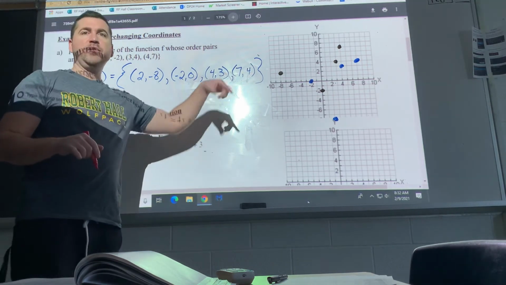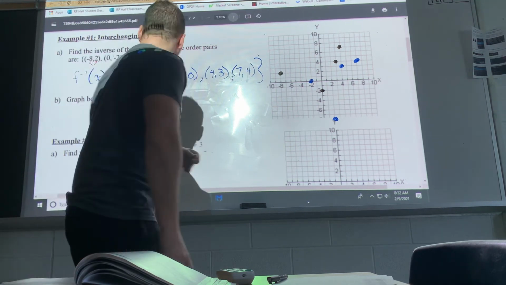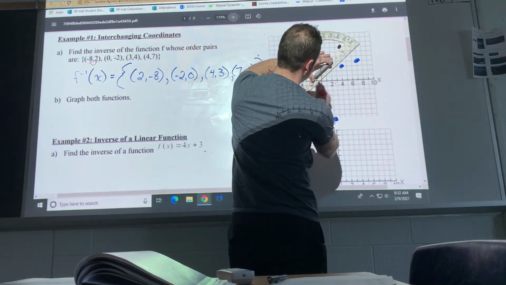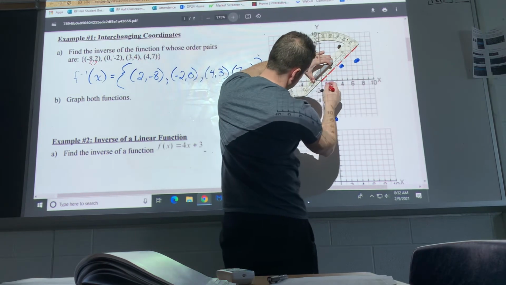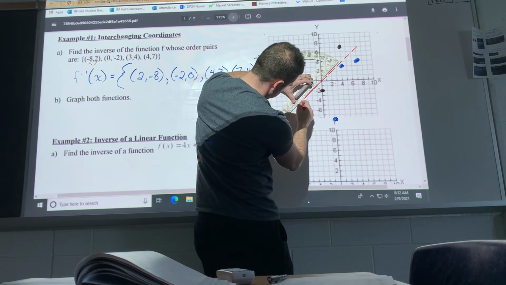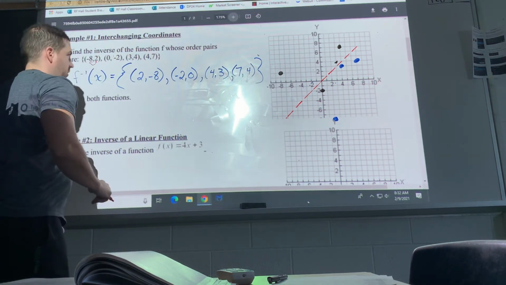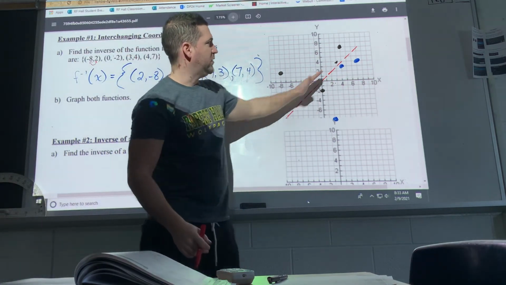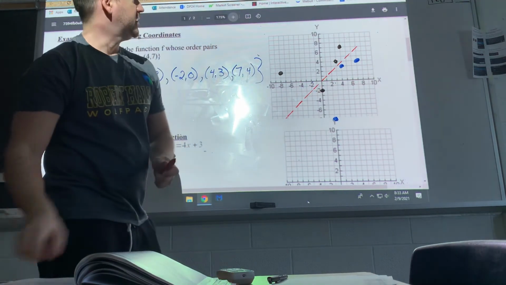Okay, so one of the points above says it's reflected over the line y = x. So y = x looks like this. If you look at this, the points are reflected.